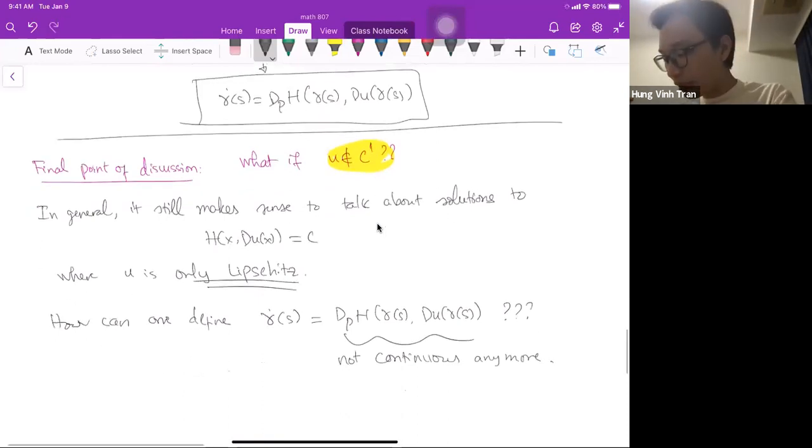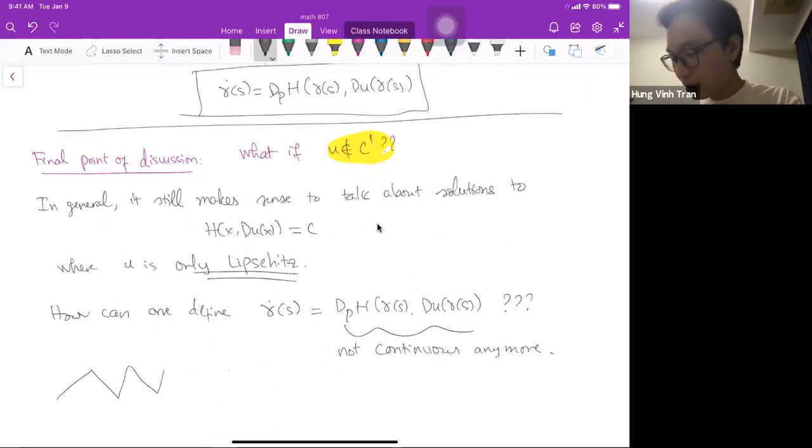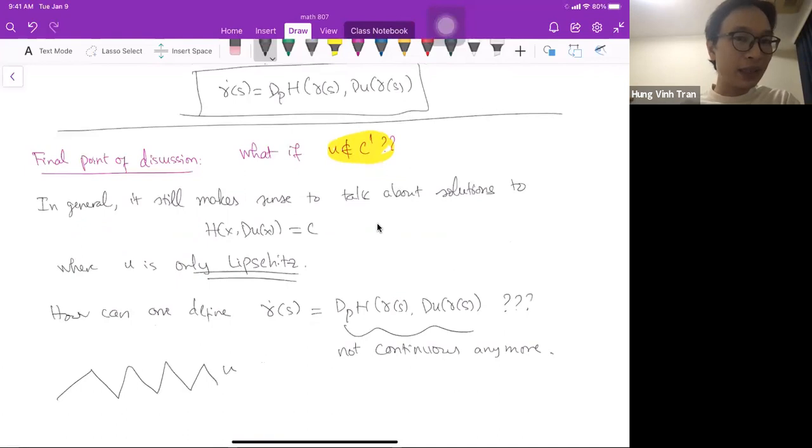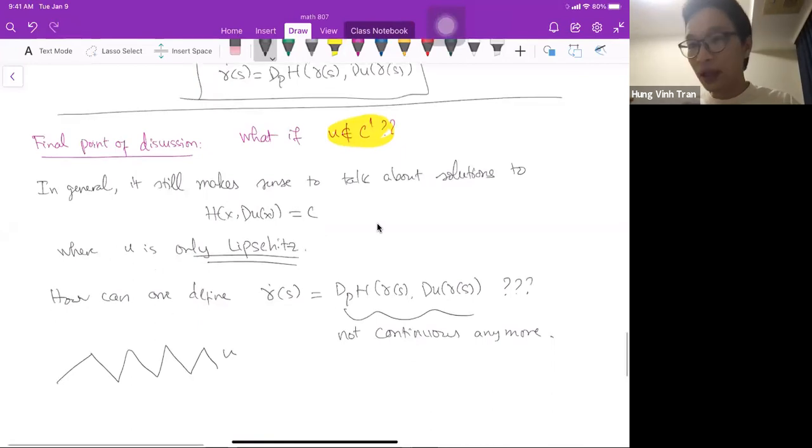For example, if you look at functions like this, then Du can jump from -1 to 1, -1 to 1. So your right hand side is essentially only L infinity or something. Then you don't really have a theory to develop local existence for this kind of ODE, and everything is broken. So it's rather dramatic, but it's something that we're going to need to address later, and we're going to develop a whole theory for this later.